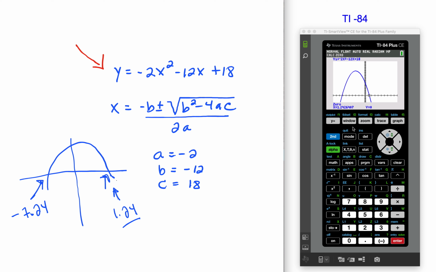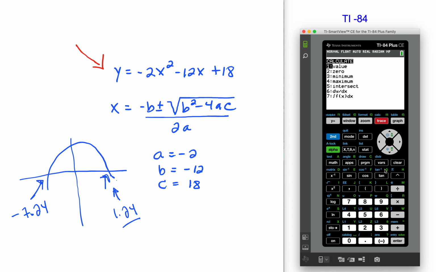I'm also going to pull up that maximum again. So we're going to go Second, Calculate, Maximum. If it went the other way, it'd be a minimum. And we're going to get that left bound right here. All right, and let's get that right bound right here. Okay, guess.